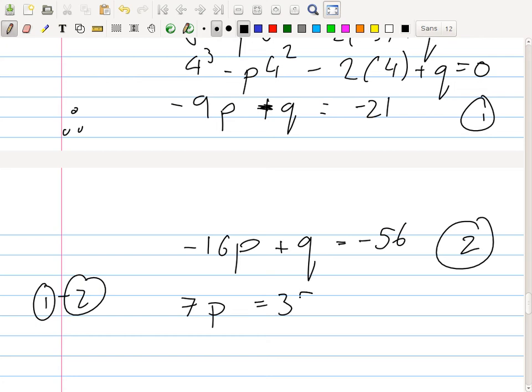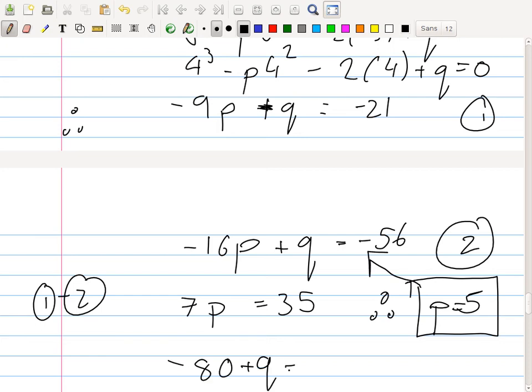So 7p equals 35, so therefore p equals 5. What's left to find? Q. Substitute. So I get minus 80 plus q equals minus 56. So I get q equals 80 minus 56, which is 24.